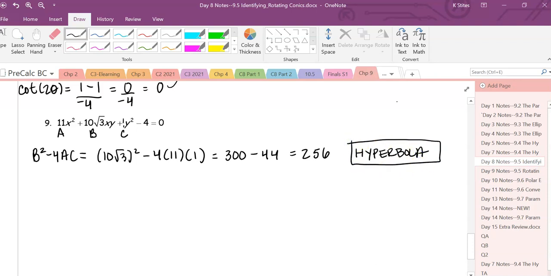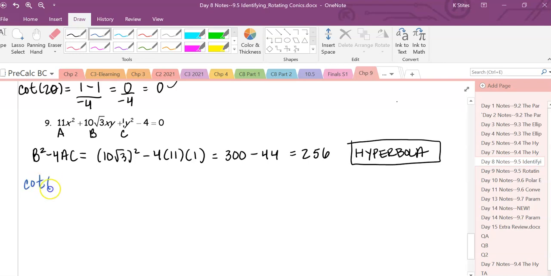All right, so now we are going to find our angle of rotation. And you can rotate at any angle. However, we're going to focus primarily on 30 degrees, 45 degrees, and 60 degrees because it's going to get messy enough not using those angles. But you could rotate at any angle.